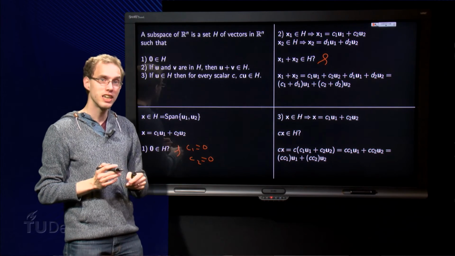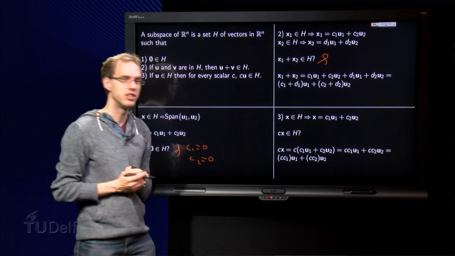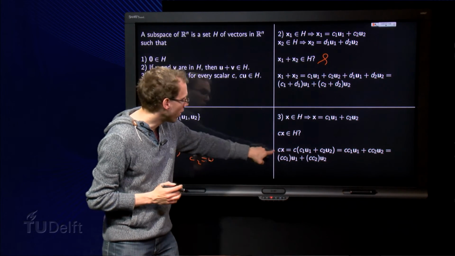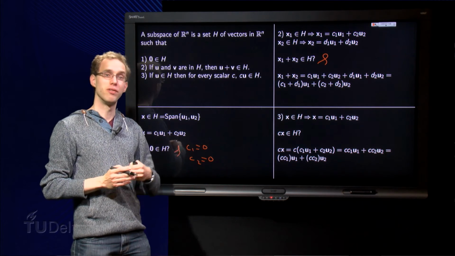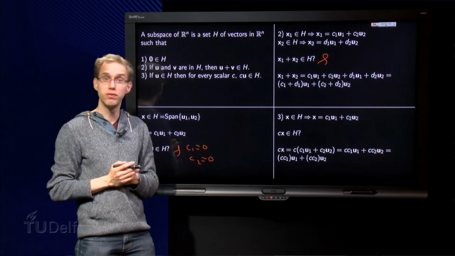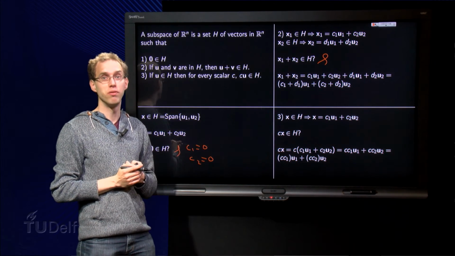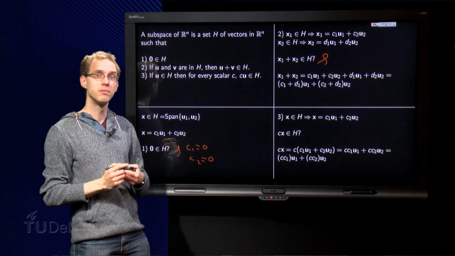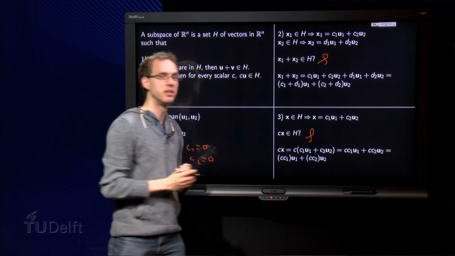And then the trick is to put the brackets over here and over there, like this. Then we see we get a weight times u1 plus a different weight times u2. So we see that c times x is again a linear combination of u1 and u2. So c times x is also in the span of u1 and u2, which is indeed H. So c times x is also in H.